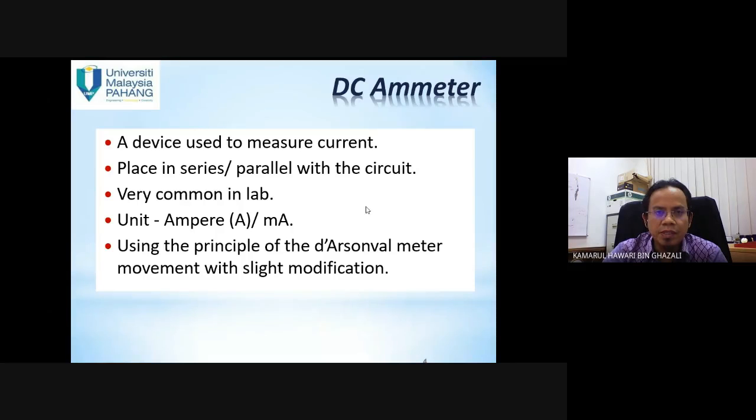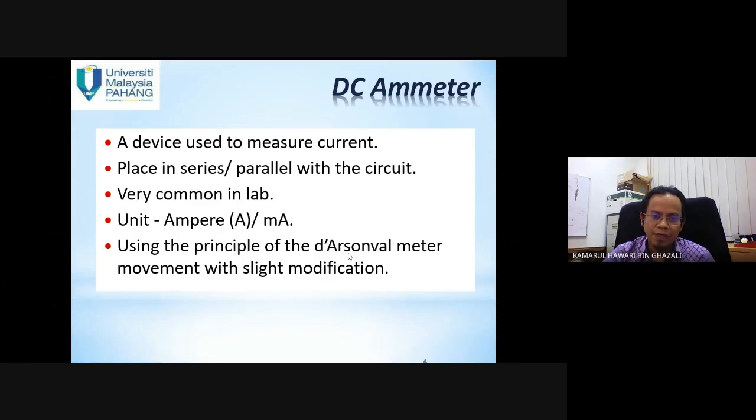What is a DC ammeter? A device used to measure current. Remember that ammeter is current. Placed in series with the circuit. Very common in lab. Unit ampere, milliampere, using the principle of the ensemble meter movement with slight modification.